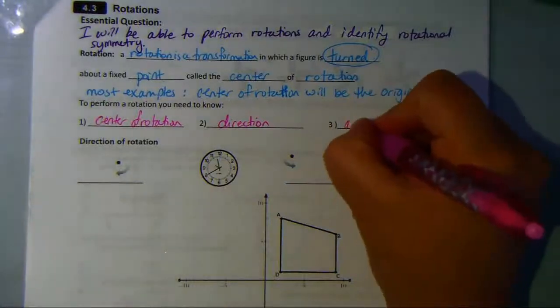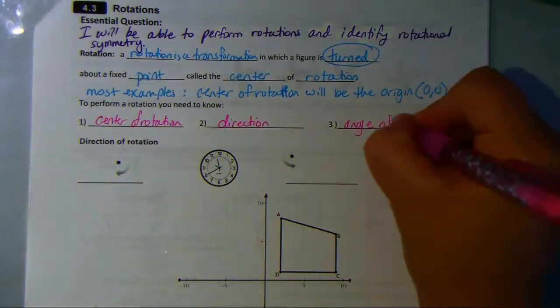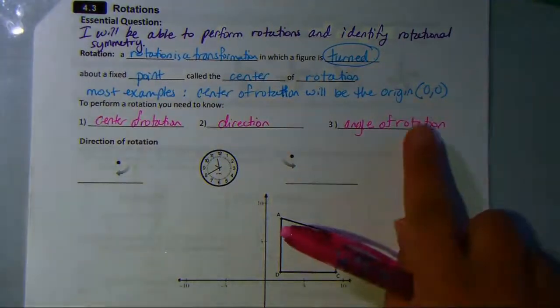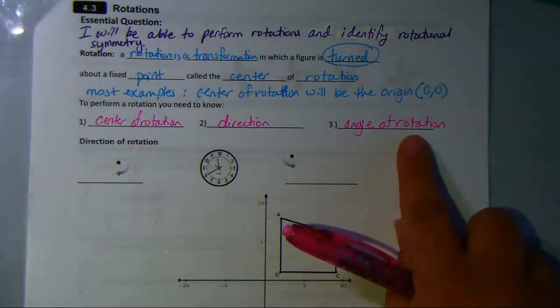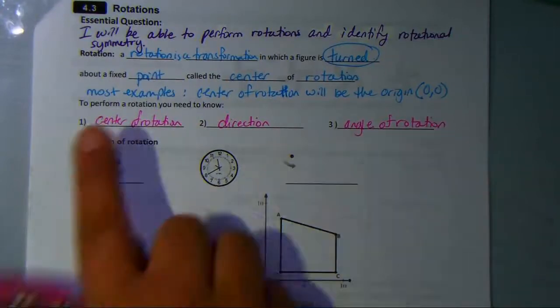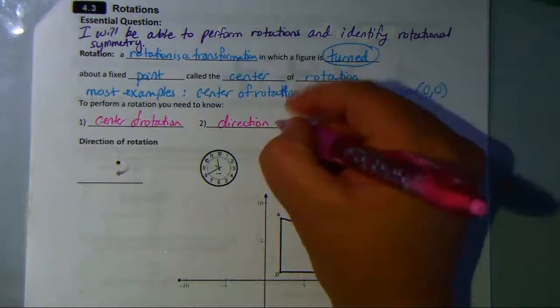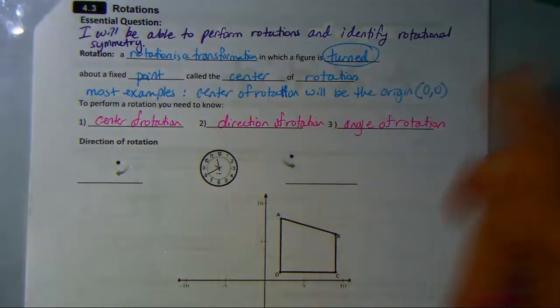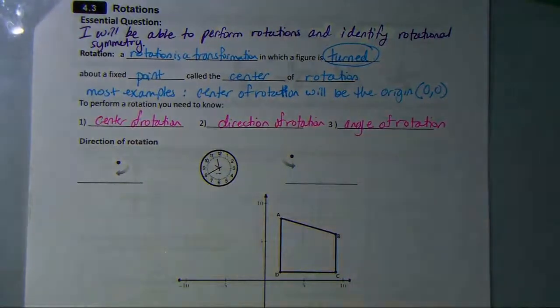And you need to know the angle of rotation, so how much you are rotating the figure or the image. So you need to know the center of rotation, the direction of rotation, and the angle of rotation.